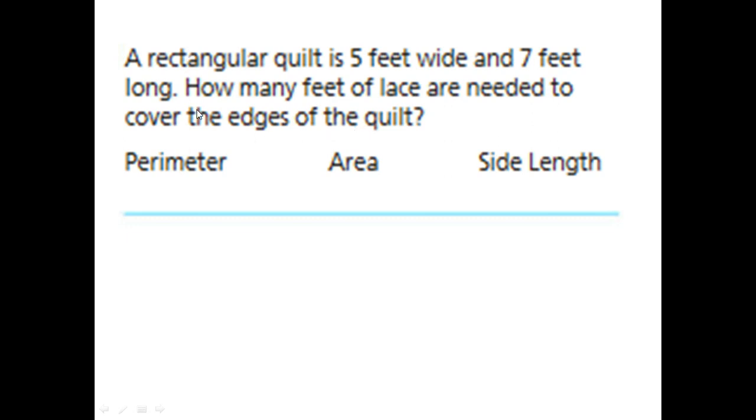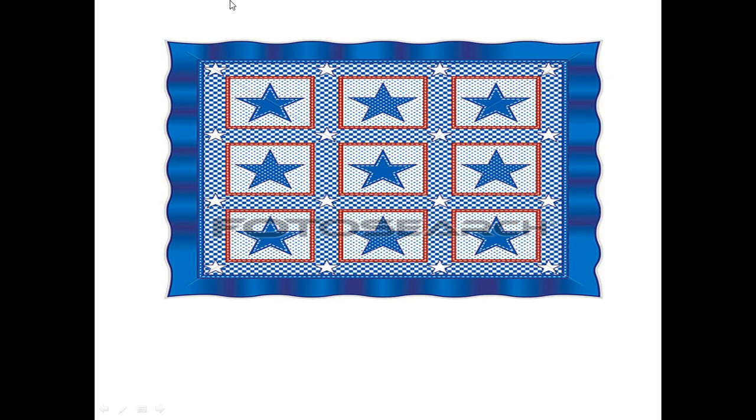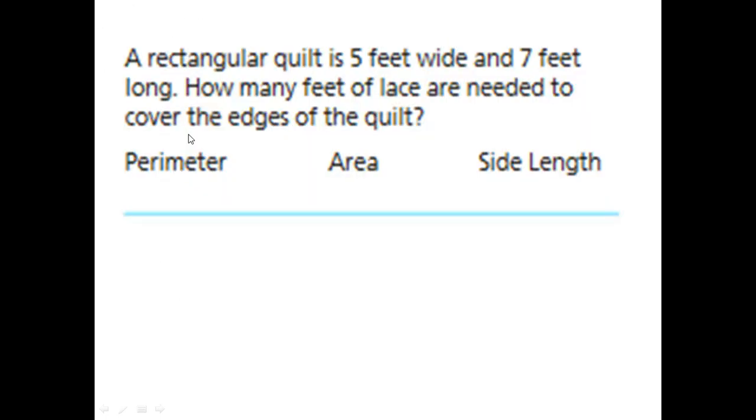So the first thing that I'm going to imagine or picture in my mind is a rectangular quilt. So I want you to look at this quilt. Remember that a quilt is what you use at night in your bed to cover from the cold. Okay, now this is a quilt and these are the edges. Now, edges in Spanish mean los bordes.